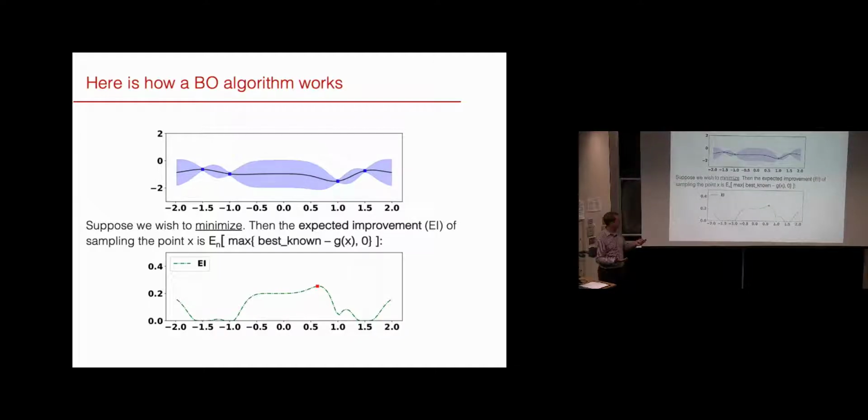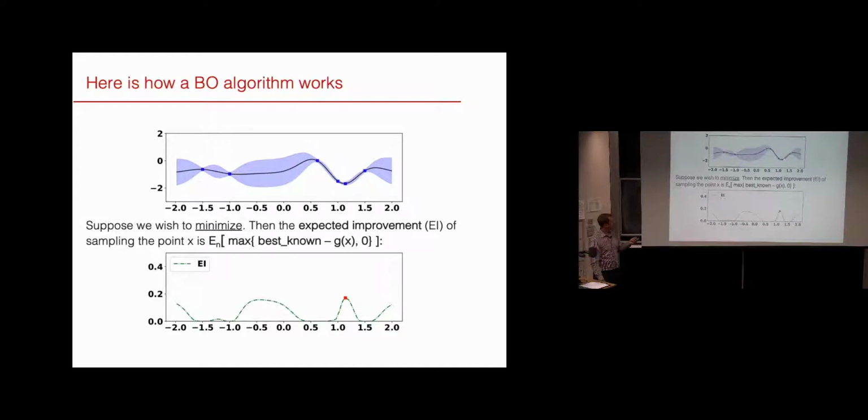So I sample this point, and I was unlucky. My surrogate was bad, as you said, and essentially I sample over here. So I update my posterior, I recompute the acquisition function, and now I sample over here, where again the mean is low and there's some uncertainty, some headroom for finding a better solution. I sample there, and voila, this time I found a better solution.